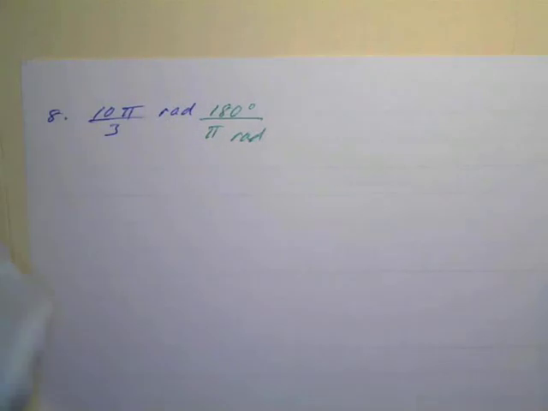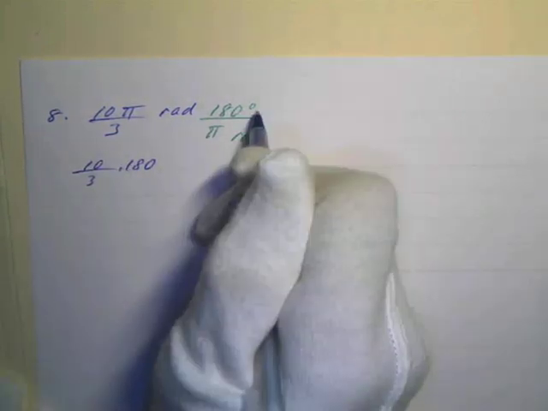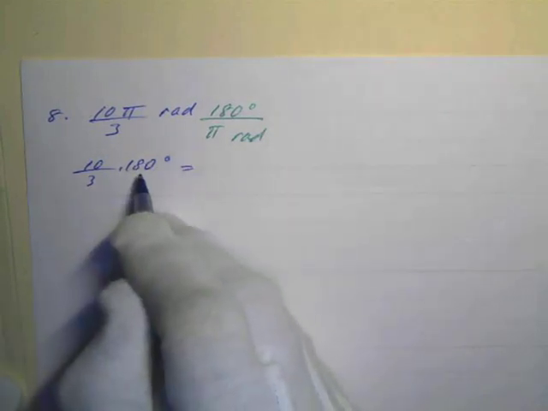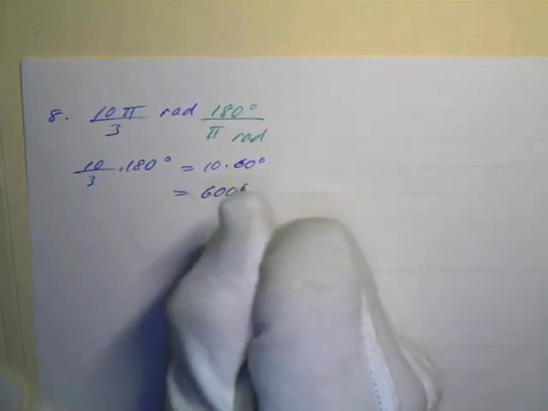So you can see your radians cancel, your pi's cancel, so you've got degrees. You got 10 over 3, and you still got degrees, because everything else cancels. And 3 goes into 180 60 times, so 10 times 60 degrees, which is 600 degrees.